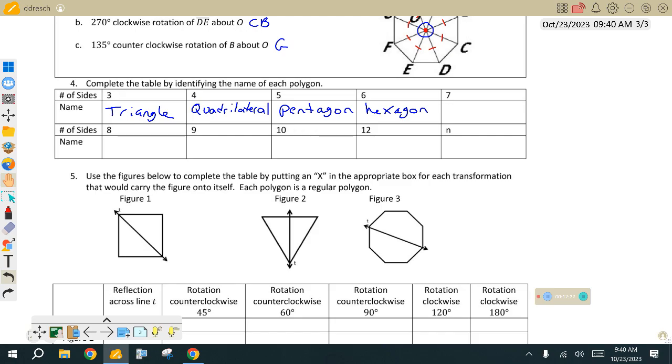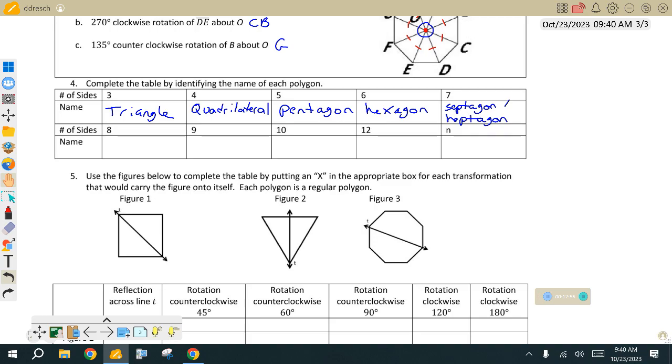Here's the one that goes either way. 7 is the one a lot of students don't remember. Septagon is just fine. That is one name for it. There is another name out there for it. Anybody remember the other name? That's no big deal. Heptagon. Heptagon is the other name for a 7-sided figure.